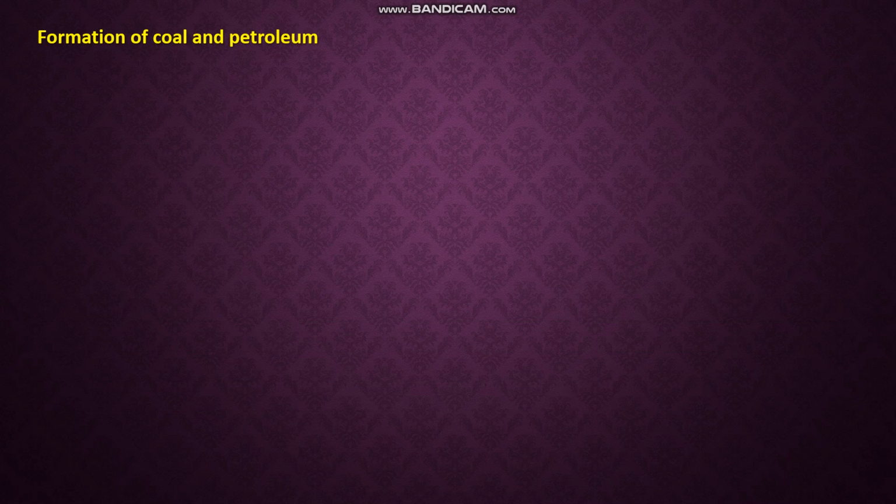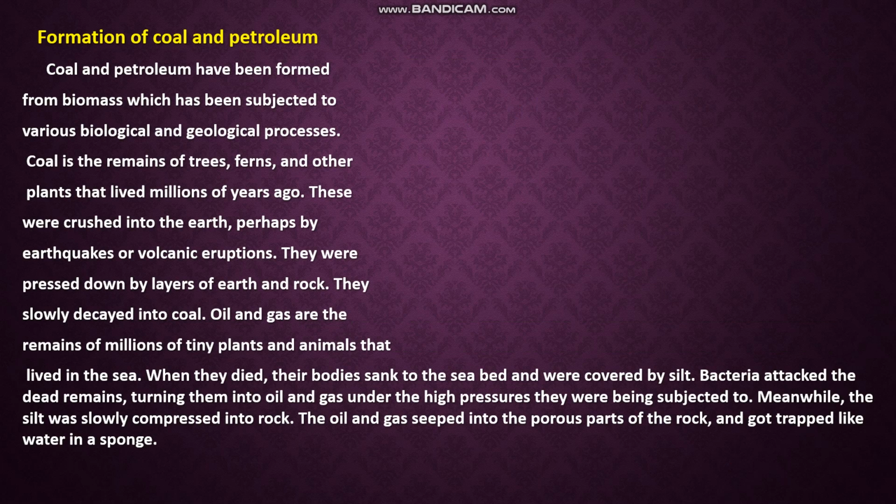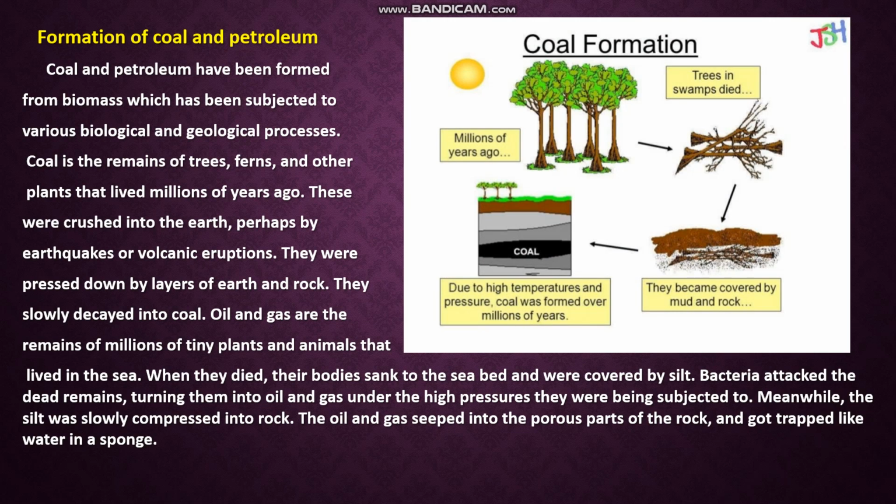Now you already learned the formation of coal and petroleum in your lower classes. These coal and petroleum are called fossil fuels. How are coal and petroleum formed from the dead remains of living organisms? So let us see. Coal and petroleum have been formed from biomass which has been subjected to various biological and geological processes.